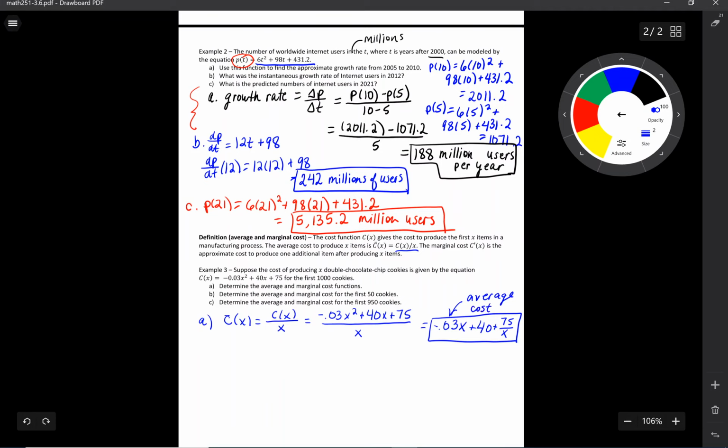And then my marginal cost is given by c prime of x. So I simply take the derivative of my cost function. That will be negative 0.06x plus 40.